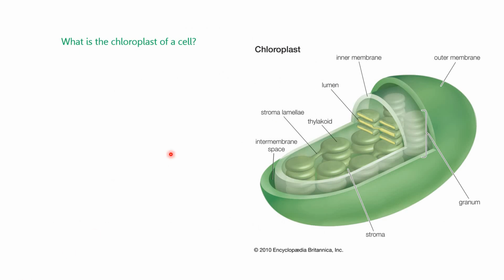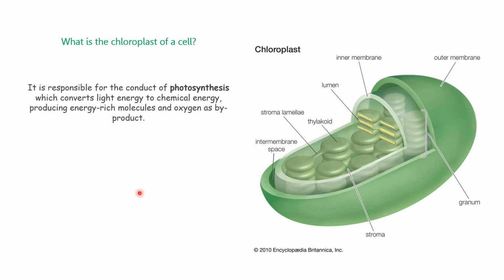Okay. Now, kanina yung lysosome, it is an organelle that is only found in animal cells. Now this time, chloroplast, it is an organelle that is only found in plant cells. The chloroplast is responsible for the conduct of photosynthesis, which converts light energy to chemical energy, producing energy-rich molecules, and oxygen, remember this, is only a byproduct.